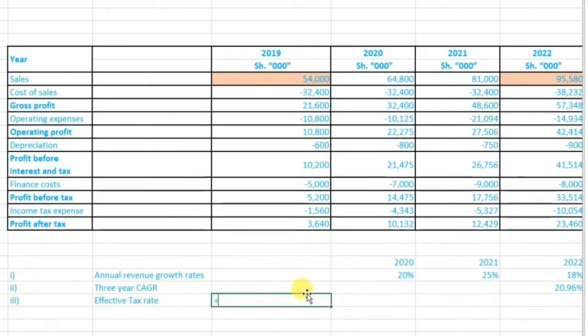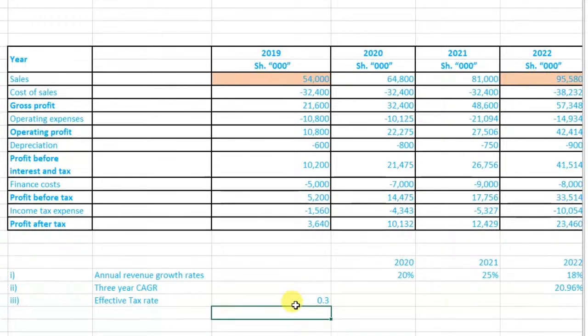Just pick plus in Excel, we pick the income tax expense, and then we divide against the profit before tax. It will give us a negative answer, negative 0.3. There is no tax rate that is negative. So I just clear that, we pick plus, and then we put a minus sign there, plus minus. So I've picked that value and I divide that against the 5200, and that gives us this.